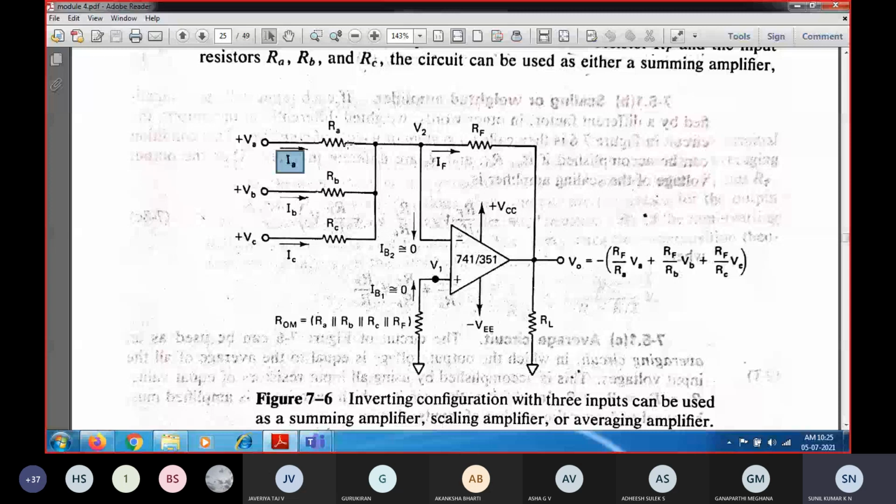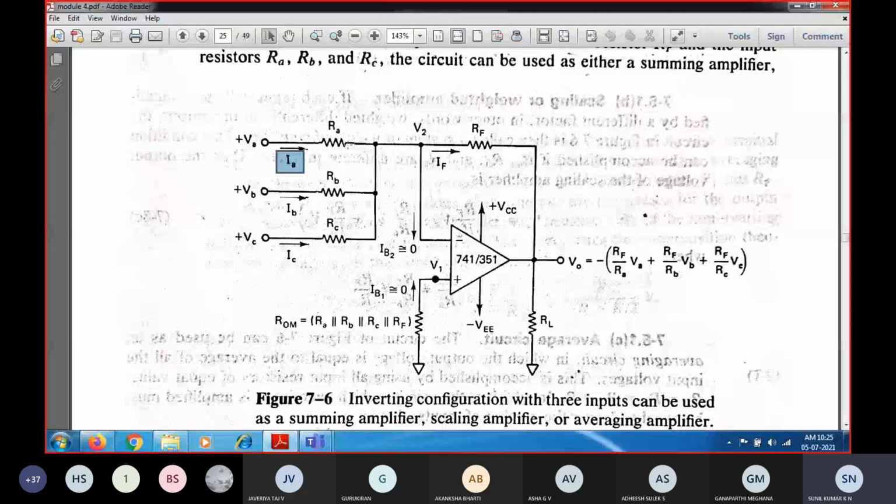So the current through the voltage sources will flow across the feedback part instead of flowing into the inverting terminal. Almost all the current will be flowing across the feedback resistance. Why?